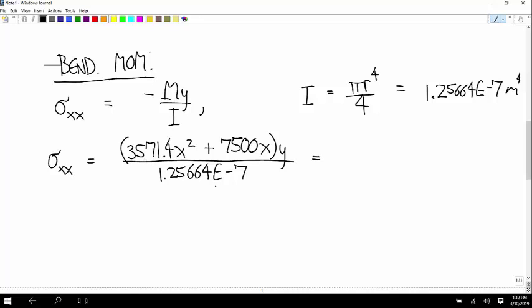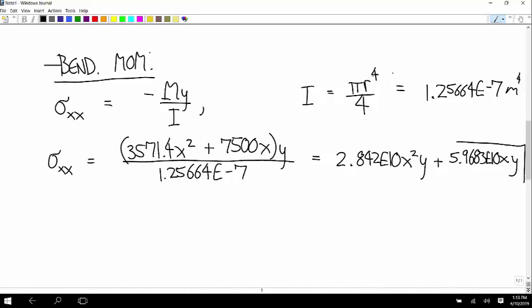So 3571.4 divided by that denominator times 10 to the 10, times x squared times y, plus times 10 to the 10 xy.